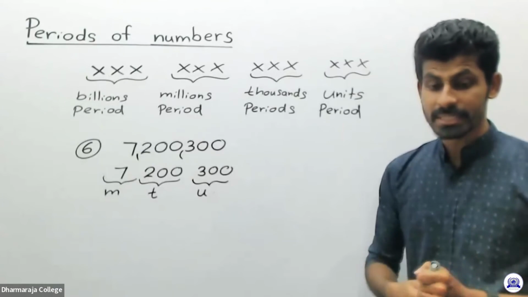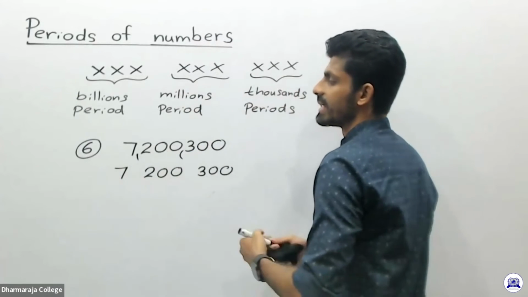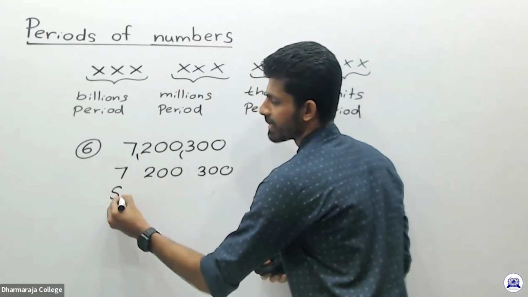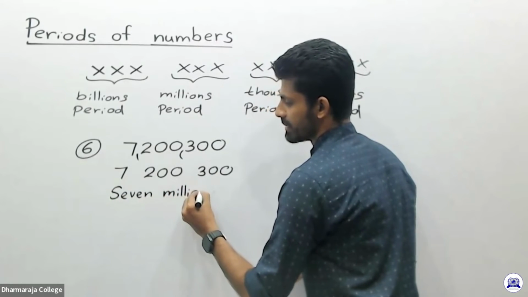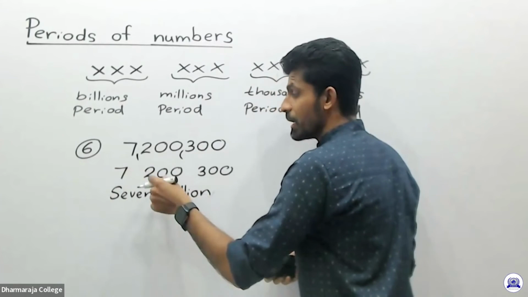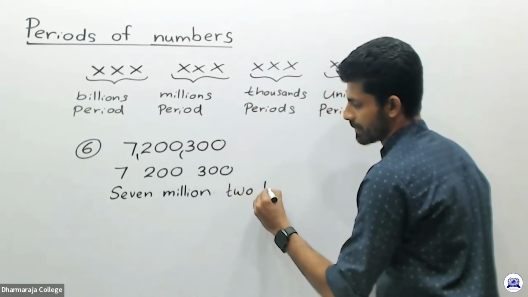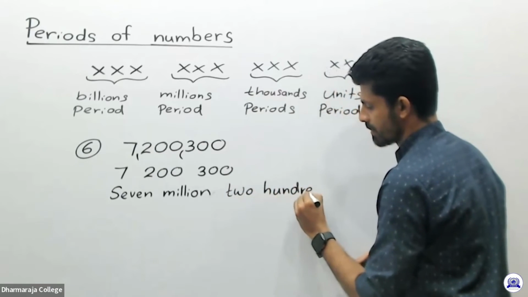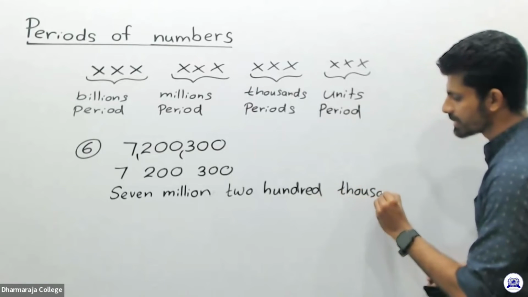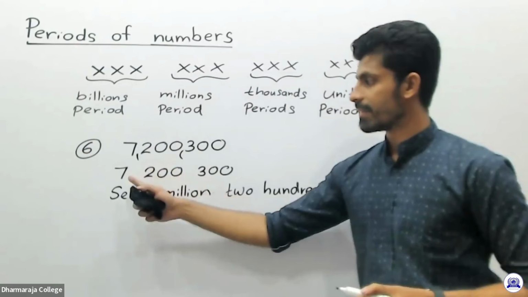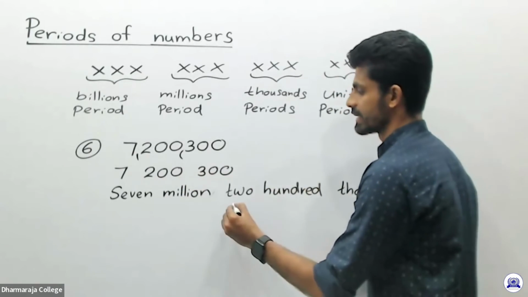Just quickly write down the number. 7 million, 7,200,000, 7,200,300.